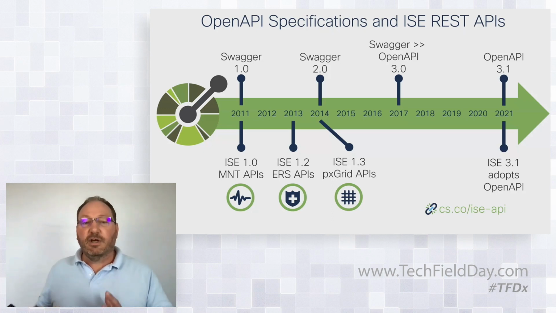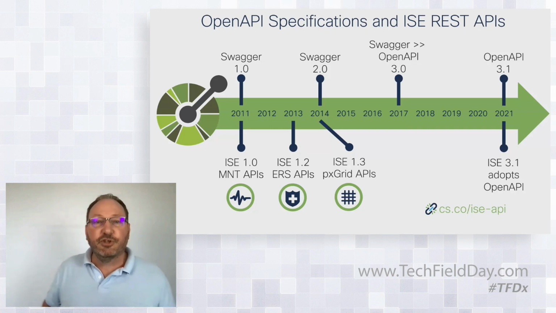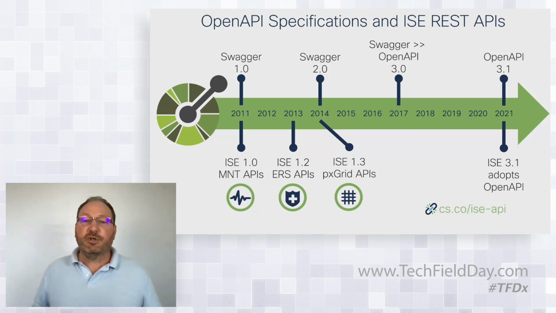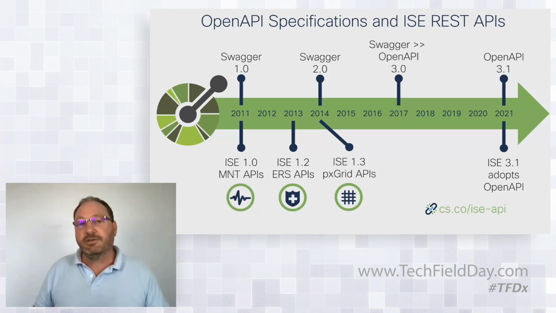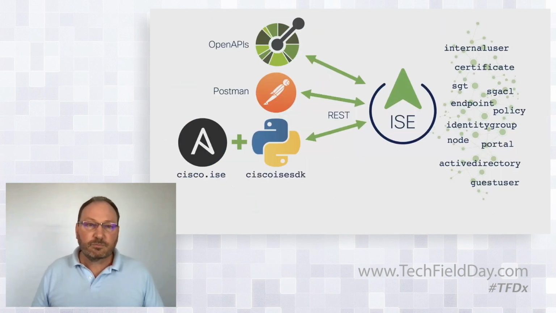And then finally, we added something called pxGrid, which is what we use to communicate with those security services, back in ICE 1.3. So we've been doing this a long time, adding incremental APIs throughout the years. And so finally, we started to do the OpenAPI specification, since that now seems to be the de facto industry standard for describing APIs.